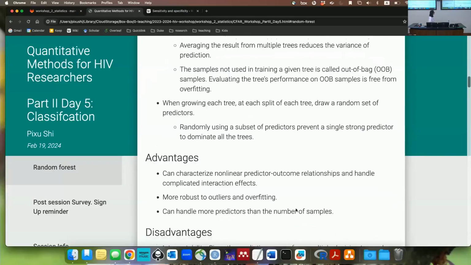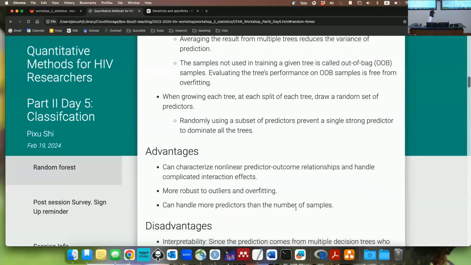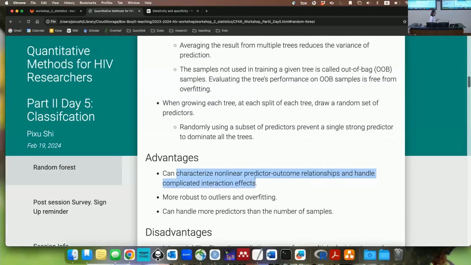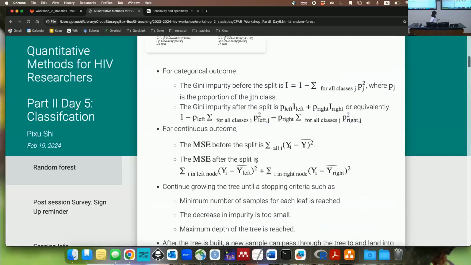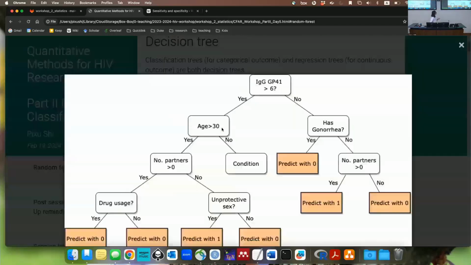Compared to logistic regression, the advantage of random forest is that first, it can characterize nonlinear predictor outcome relationships. When you're building a decision tree, there's really no monotonicity in there. For this tree, you may have an age split at 30. For the other tree, you may have an age split at 25.